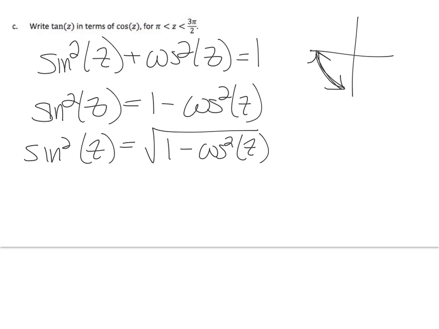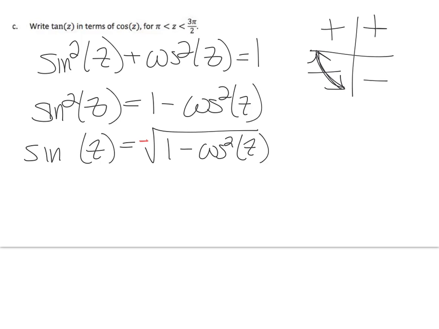Here we've got positive, positive, negative, and negative for sine. So let me correct a few of my errors here. That would be sine z, and here we want to make sure that we are dealing with the negative one, right? So don't forget your little negative sign.